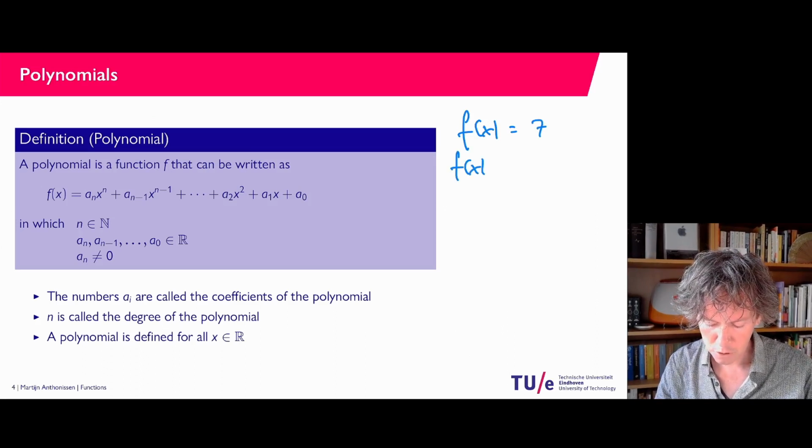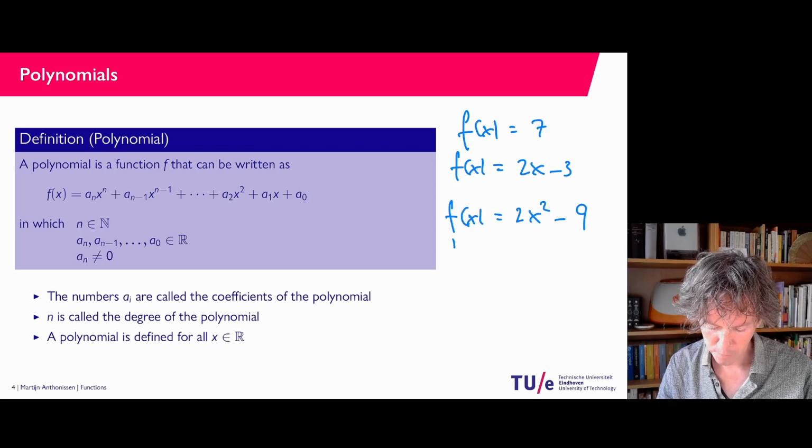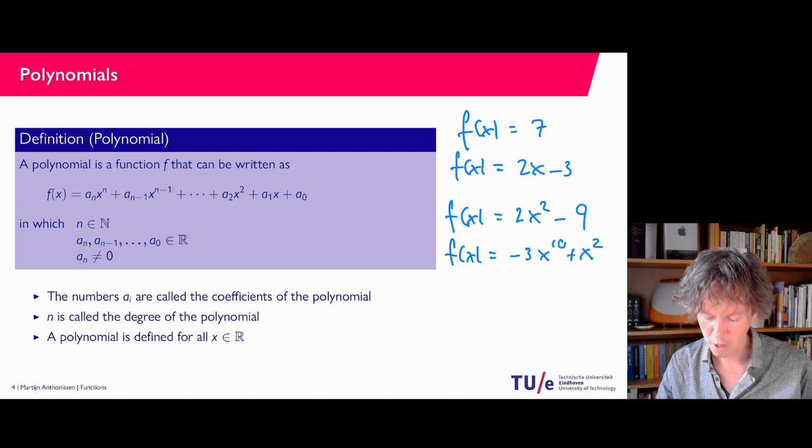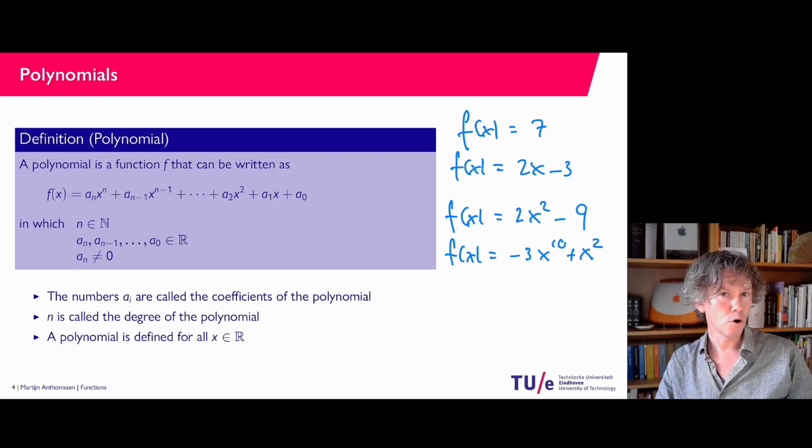F of x equals 2x minus 3 is also a polynomial. F of x equals 2x squared minus 9. F of x is minus 3x to the power 10 plus x squared. So these are all polynomials.